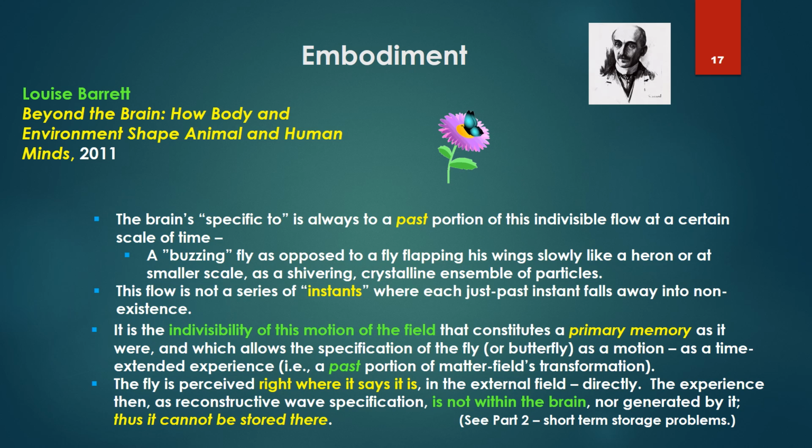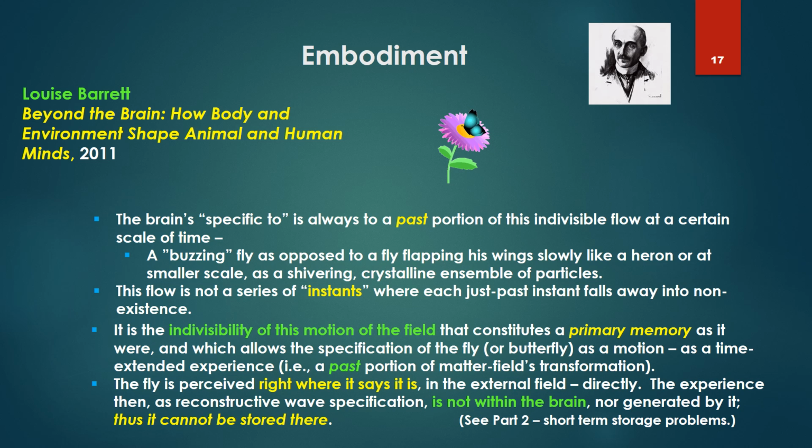And we've talked, particularly in parts 2 and 4, of the extreme difficulty of trying to explain the perception of time-extended events via short-term memory storage models. So the fly is perceived right where it says it is in the external field, and directly. The experience then as a reconstructive wave is not within the brain, nor generated by it, and thus, as I noted already, it cannot be stored there in the first place.